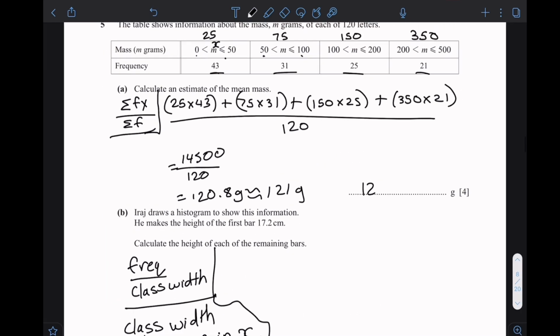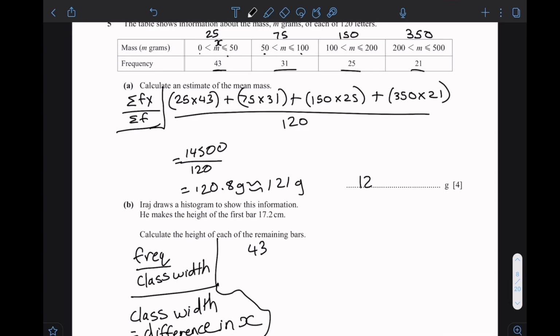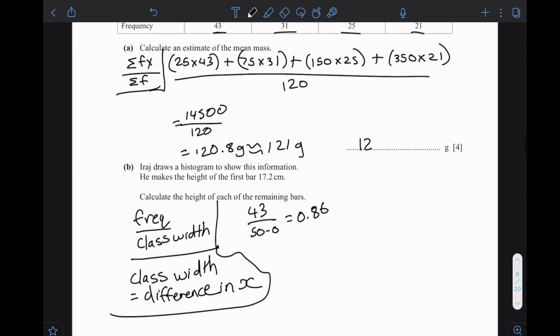So if you do 43 divided by 50 minus 0, which is equal to 0.86.